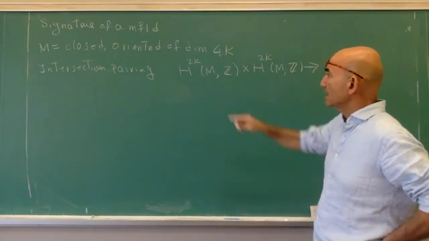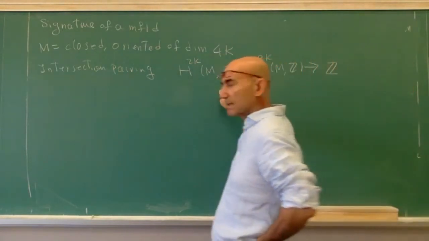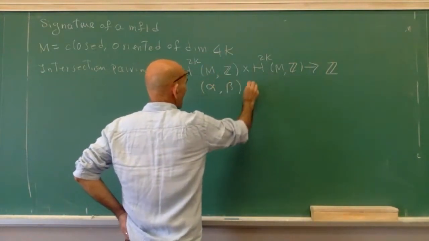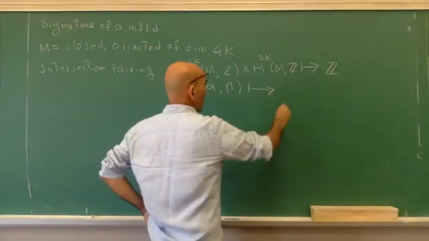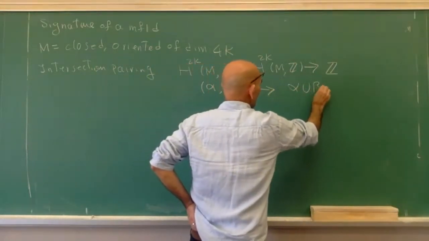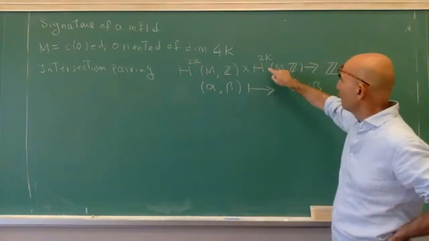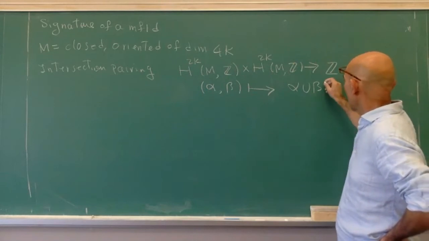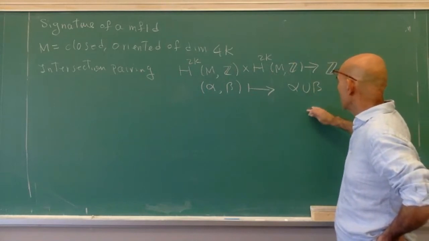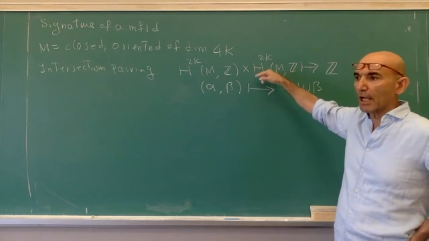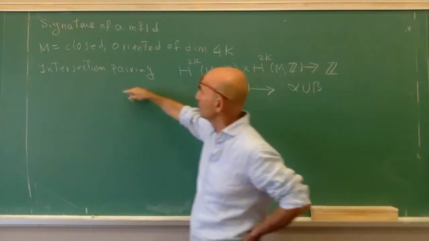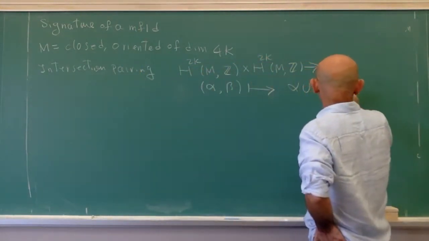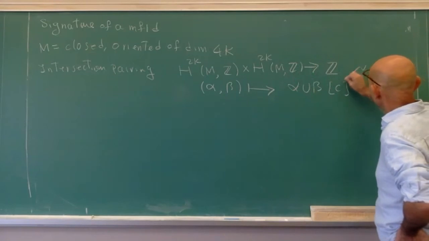It's an intersection pairing. If you have classes alpha and beta here, you send them to alpha cup beta. So you get a 4K cohomology class, and then you evaluate it on the fundamental cycle of the manifold, which is of dimension 4K because it's oriented. So this is the fundamental class.